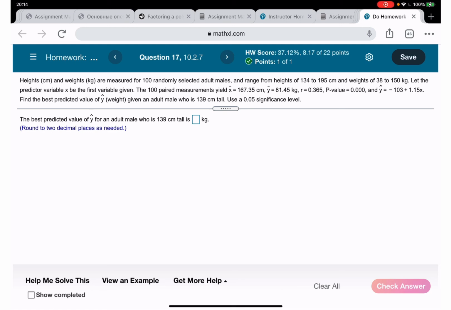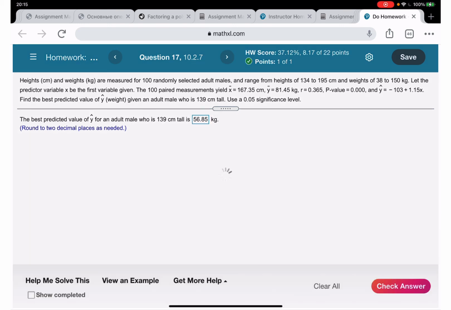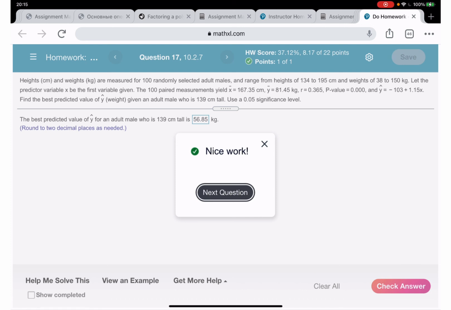I picked a similar one, 1.15 times 139 minus 103, and got 56.85. Nice work. So the previous one, their calculation was maybe wrong. I don't know. Moving on, because I know I'm doing the right calculation.